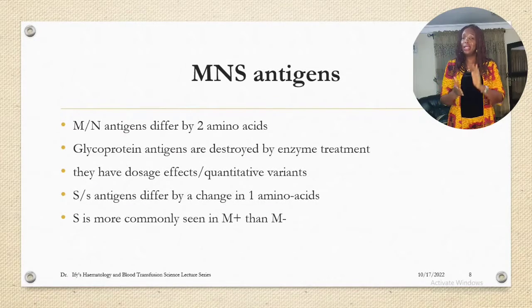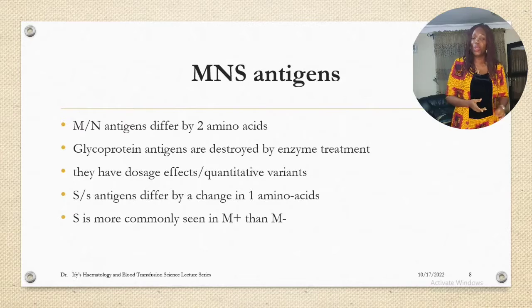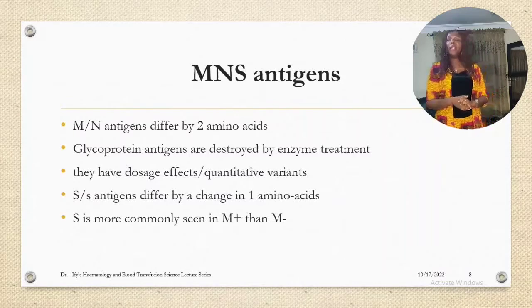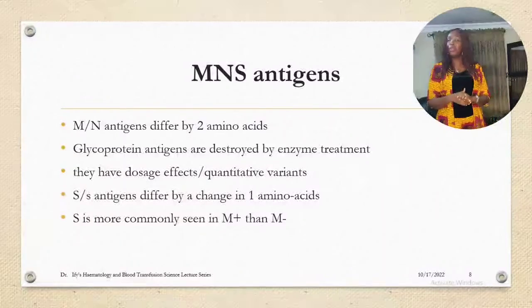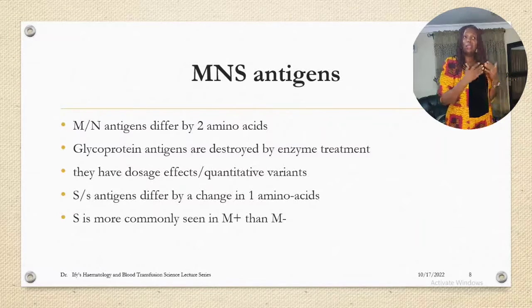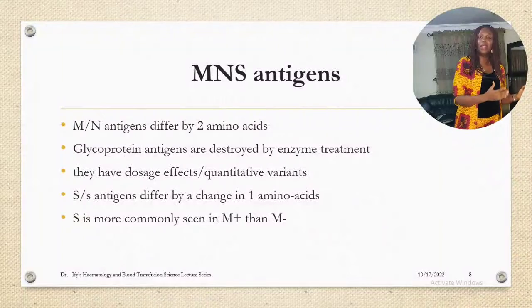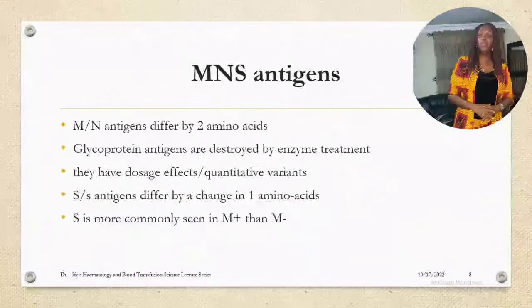So the antigens in the MNS blood group system are destroyed by enzyme treatment, just like that in the Duffy blood group system. They also have dosage effect. Also very important, because they are needed in homozygous form when you are preparing your selectogen, your panels for either antibody screening or antibody identification.